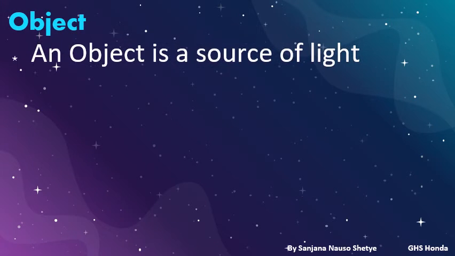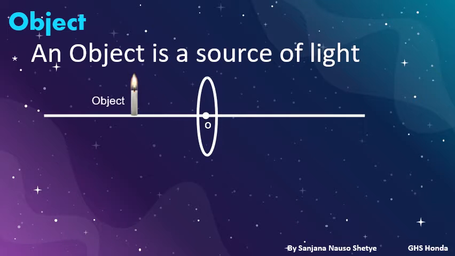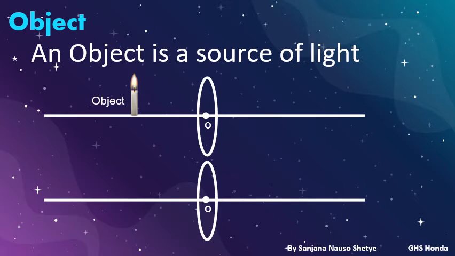Object. An object is a source of light. Here we can see the candle is used as an object. But in a ray diagram, instead of drawing the candle, we will draw an arrow.